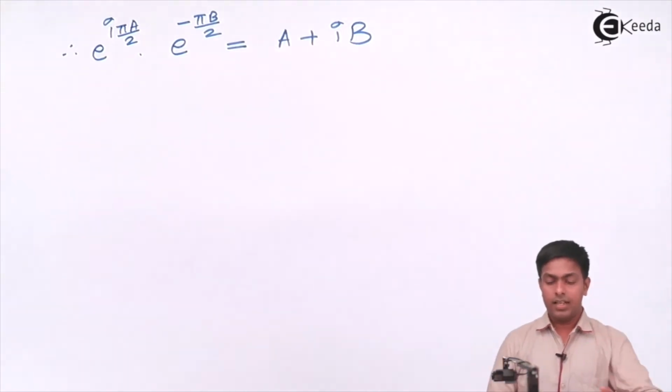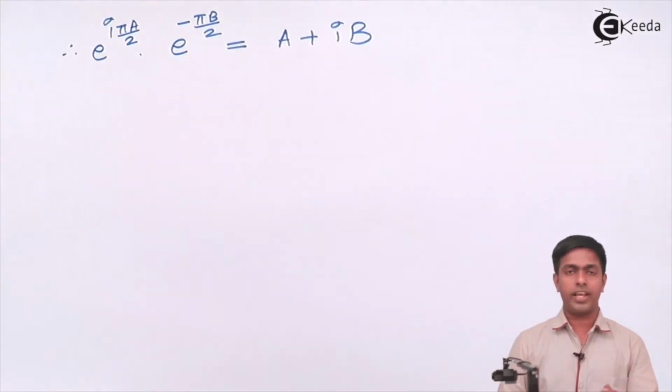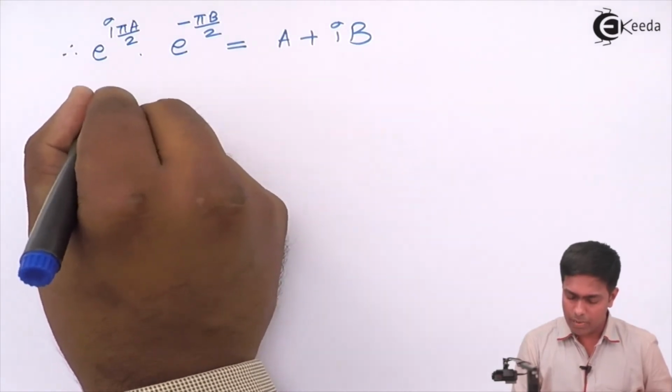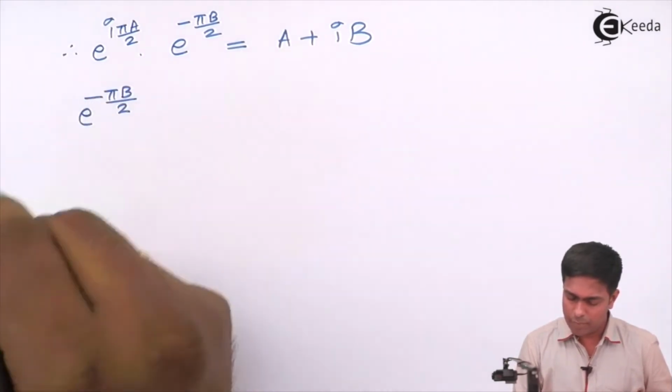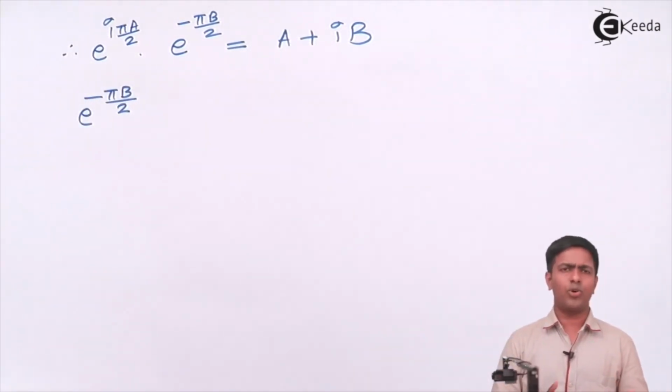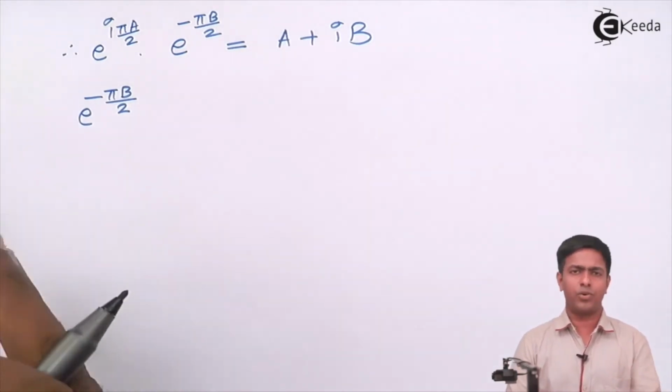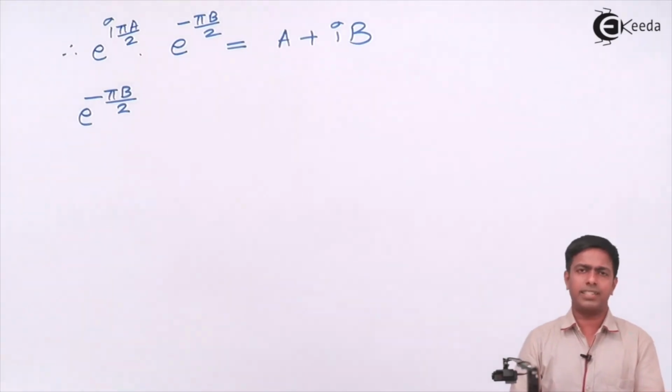Now guys, on the left hand side I should get the standard form of a complex number, and for that let's solve the left hand side again. So e raised to minus pi b upon 2, I'm not gonna touch it because you cannot do anything with this term. Even if you touch it, you will get the same term.